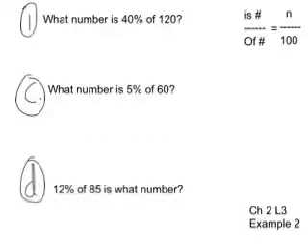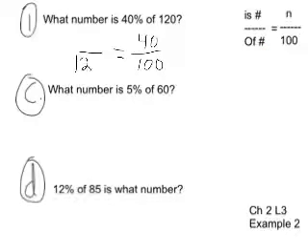So I'm going to use this setup to answer my number 1 question. I'm going to put my n, which is 40%, on top of my 100, equal to, now I need to find out what my 120 represents. If I look in front of it, I see "of." The "of" tells me that that is my whole, which means 120 will become my denominator, and x is what I'm trying to find.